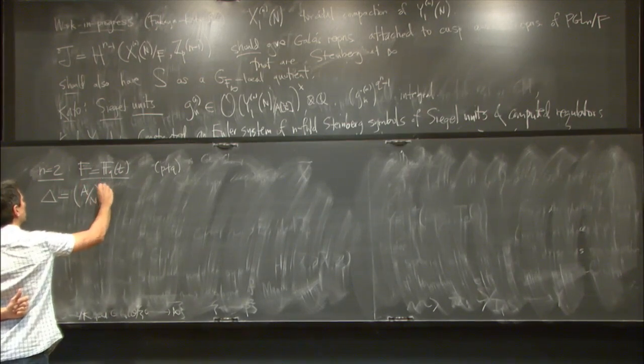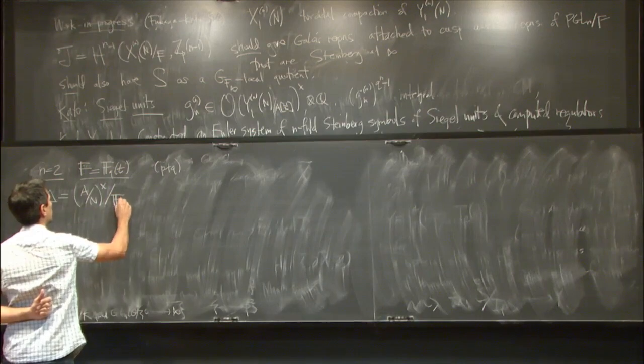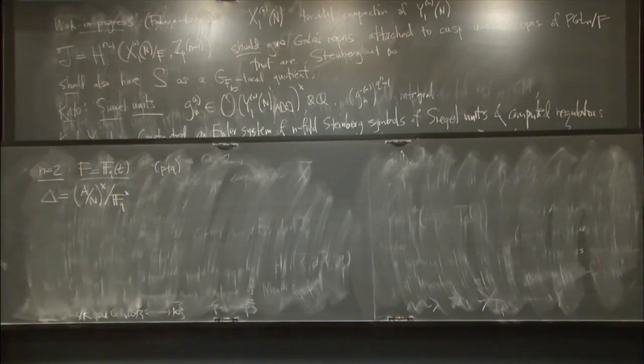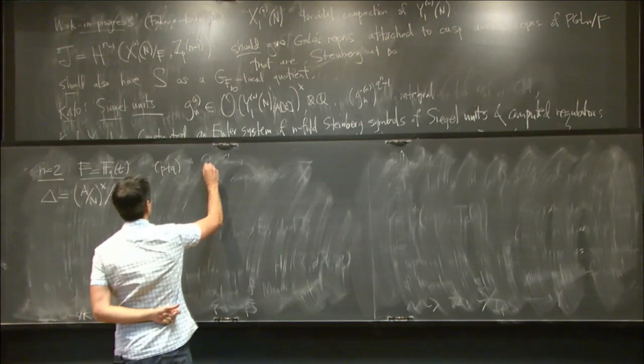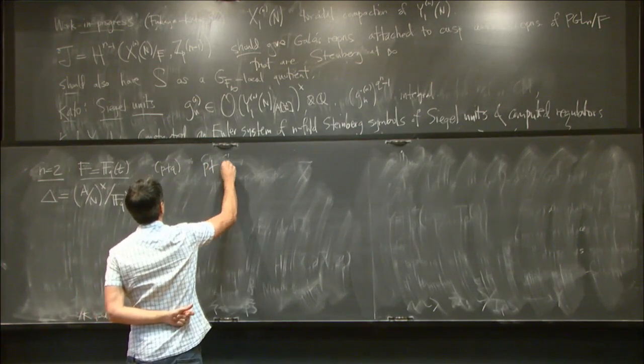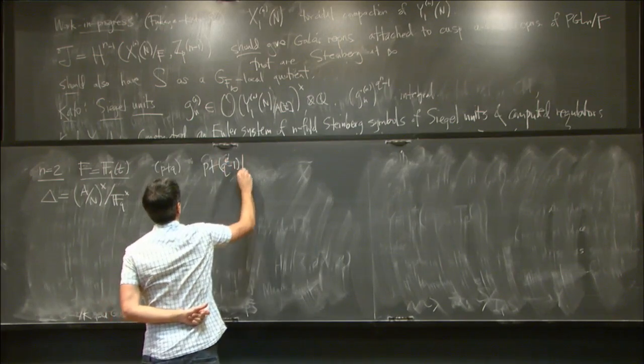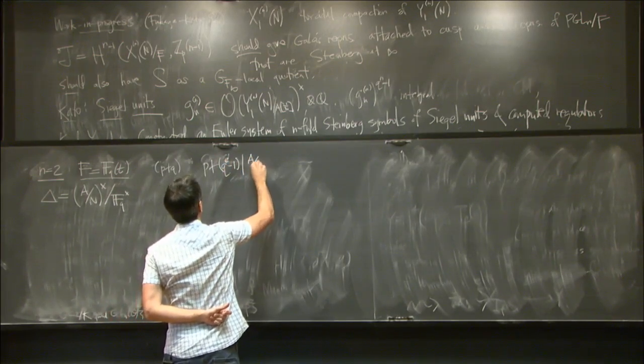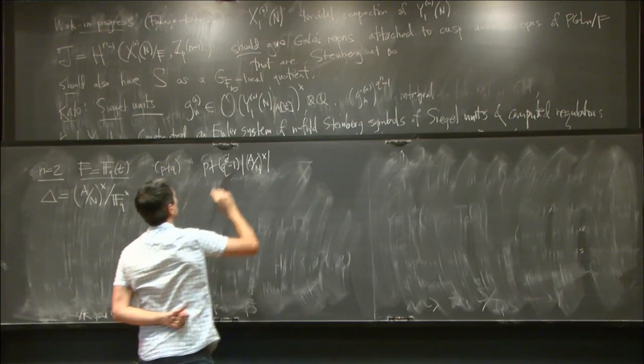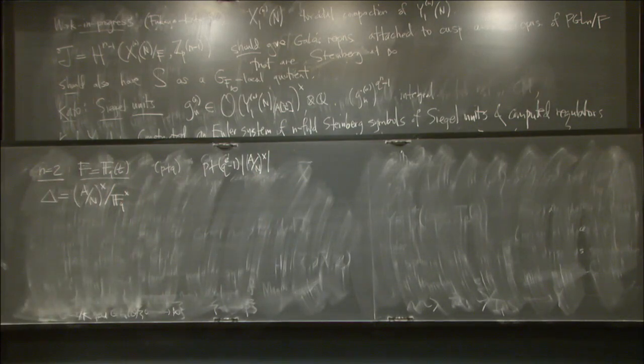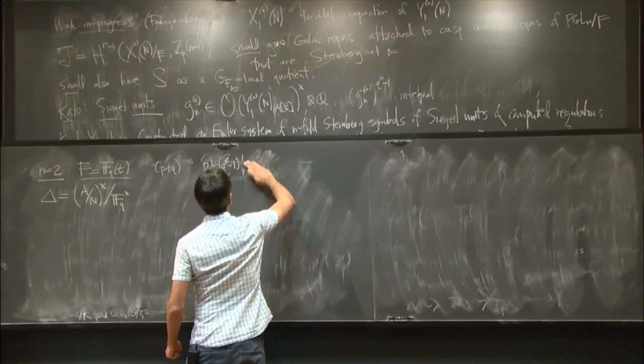So our group Delta can be (A mod n)^× times F_q^×. Let's suppose also that p does not divide, just for simplicity, because I haven't checked the other cases.